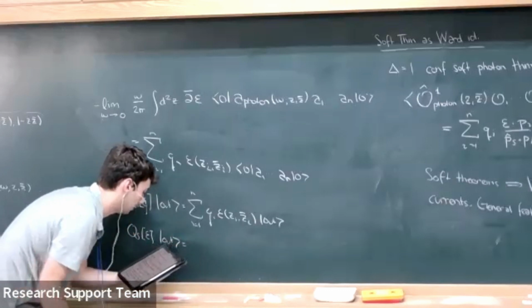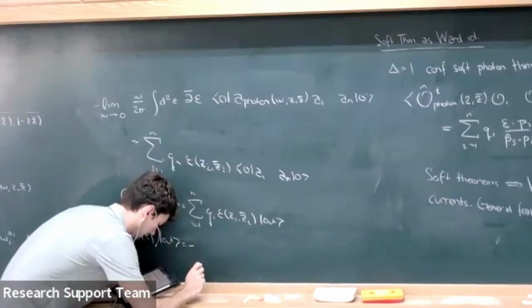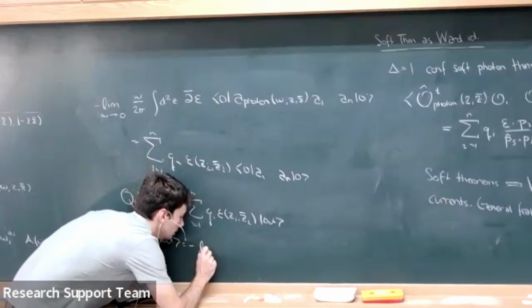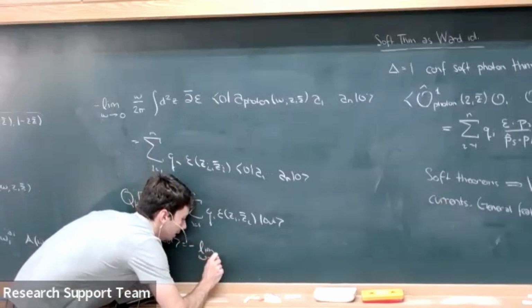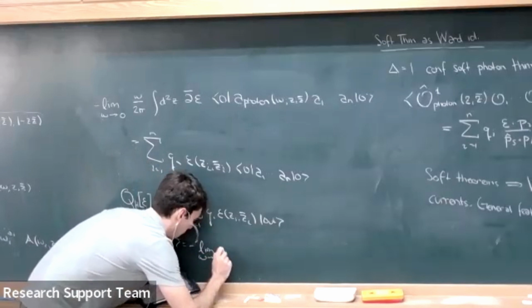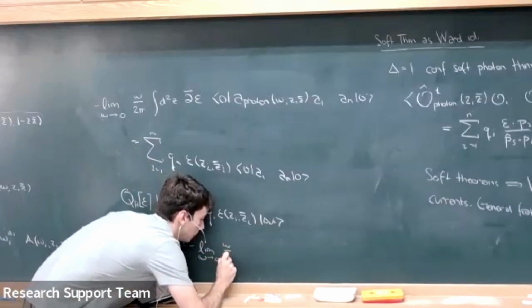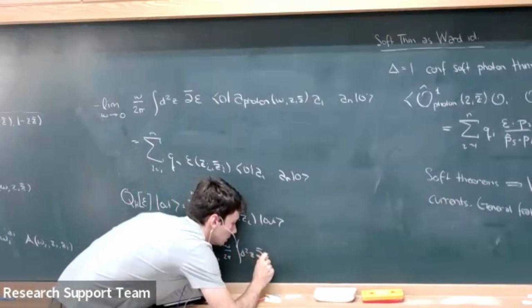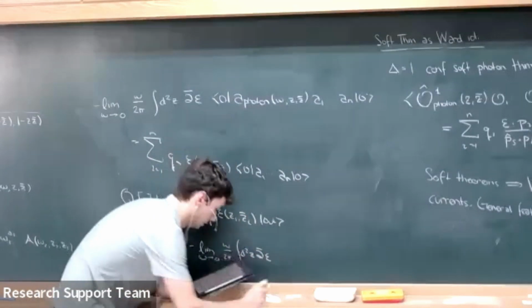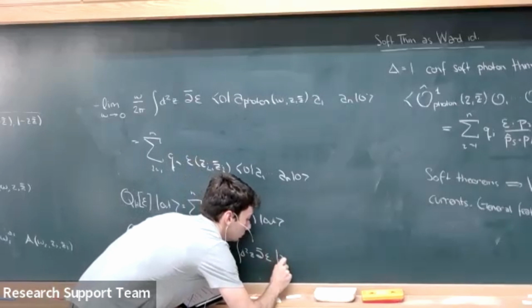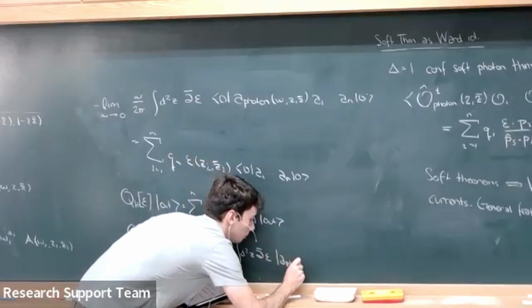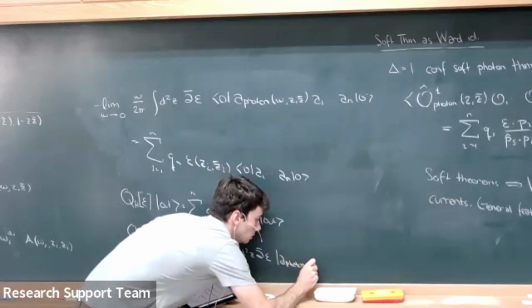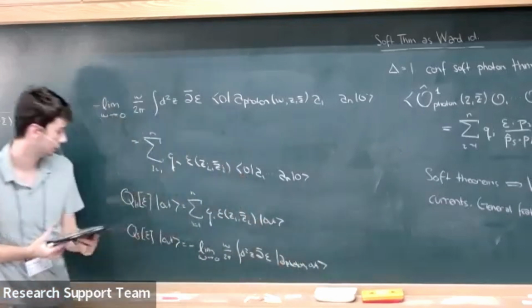So now it acts on the out state, essentially via the top line. What's going on here?